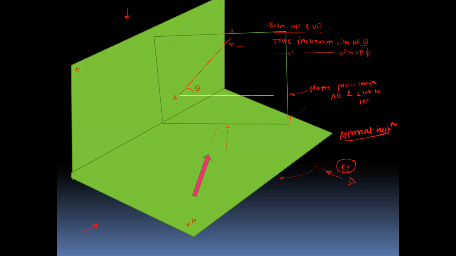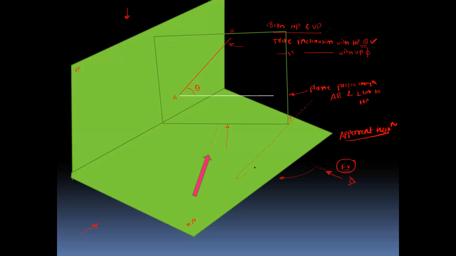In order to observe the true inclination, we need to observe in the direction perpendicular to the plane which is passing through the line AB. This is the concept of the true inclination theta with respect to HP.